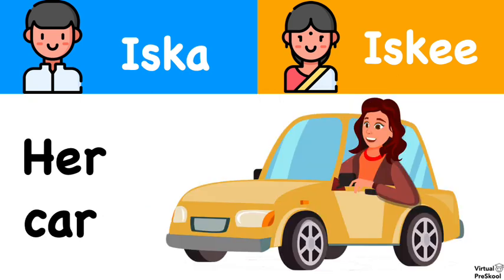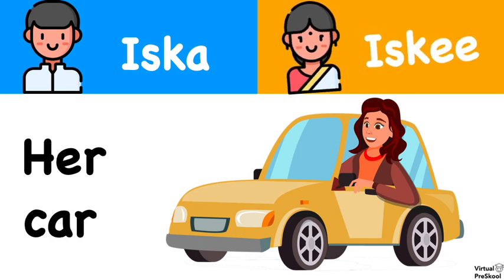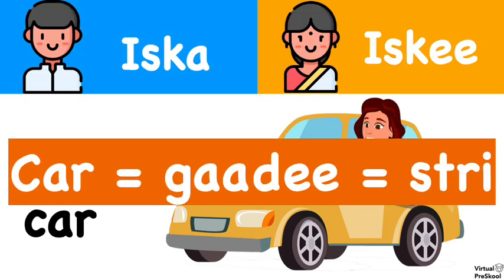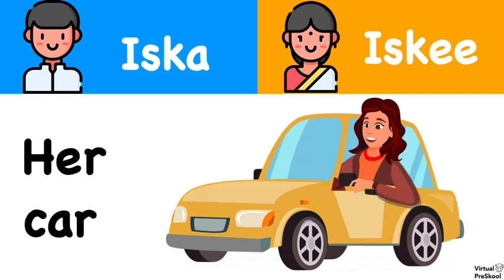What about her car? Would it be Iska or Iski? Iski. And why? Because car in Hindi is gadi. Gadi is a stree word. So do the sentence now. Her car is yellow.